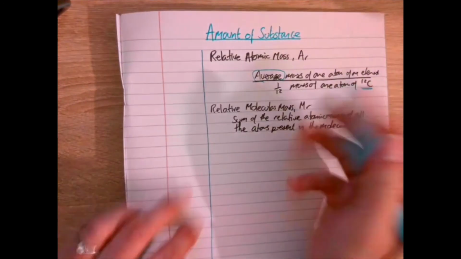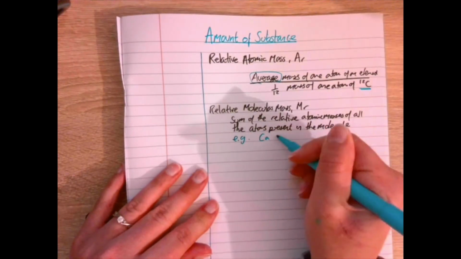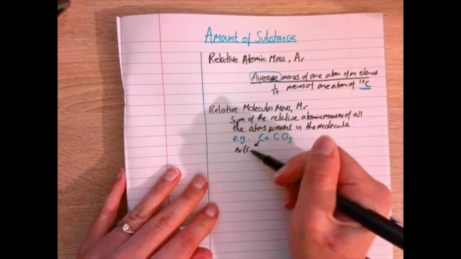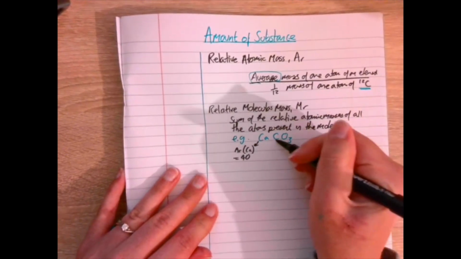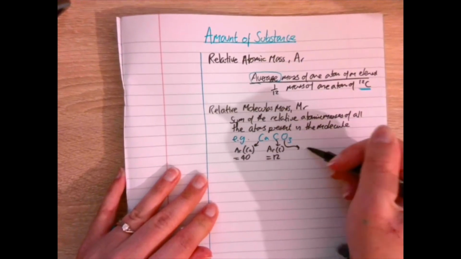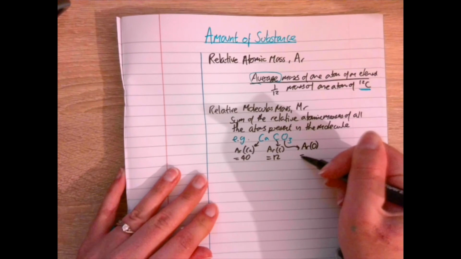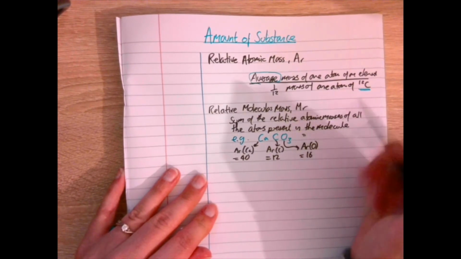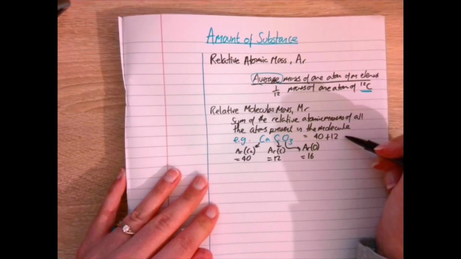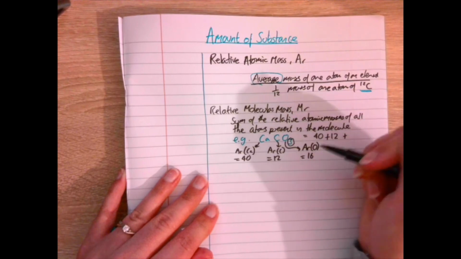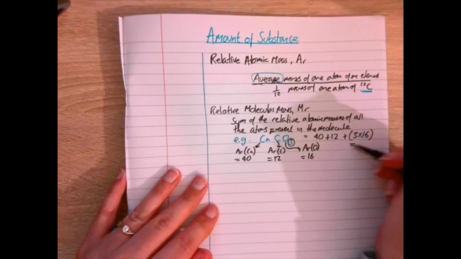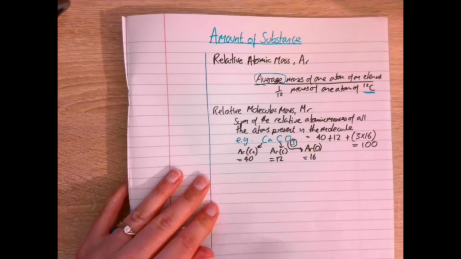So, as an example, calcium carbonate: the relative atomic mass of calcium is 40, of carbon is 12, and of oxygen is 16. So for calcium carbonate, we're going to be doing 40 for the calcium, plus 12 for the carbon, plus 3, because of that subscript 3, times 16 for the oxygen. In total that gives us an Mr of 100.